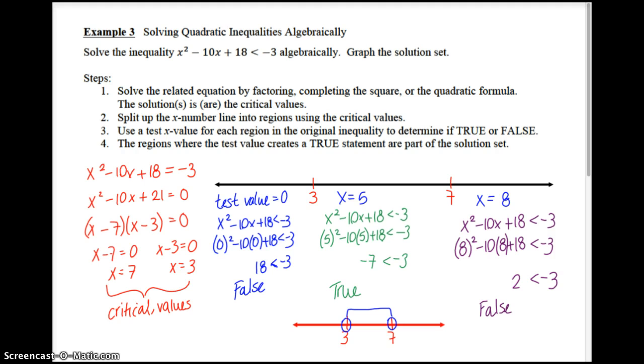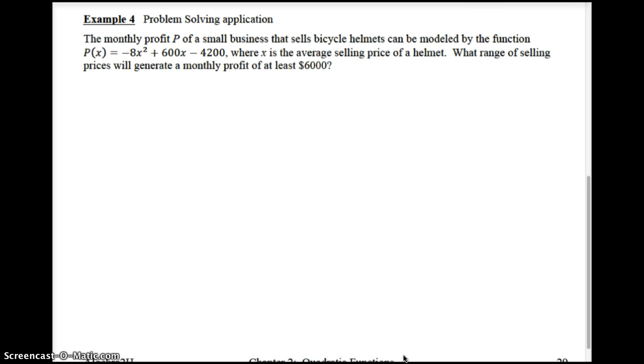We're going to graph between 3 and 7, and then the last thing that we need to do is write the solution set. And the solution set, if you remember, is all values of x such that x is between 3 and 7, exclusive, meaning 3 and 7 are not included in this. And that brings us to example number 4.